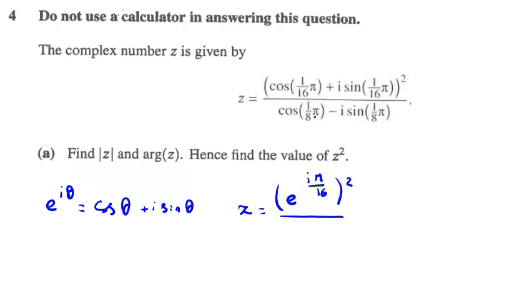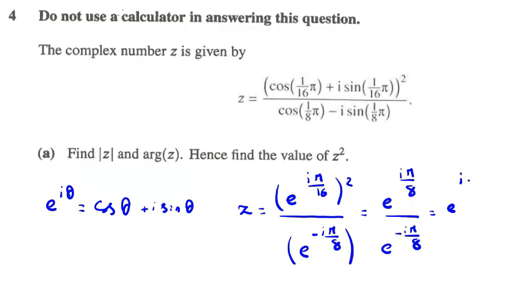And in this one you can say the theta here is negative pi over 8 because you can take the negative inside, and it will be e to the negative i pi over 8. Okay, so here if we simplify, it will be e to the i pi over 8 over e to the negative i pi over 8. It will be e to the power of this minus this. It will be plus, it will be i pi over 4.